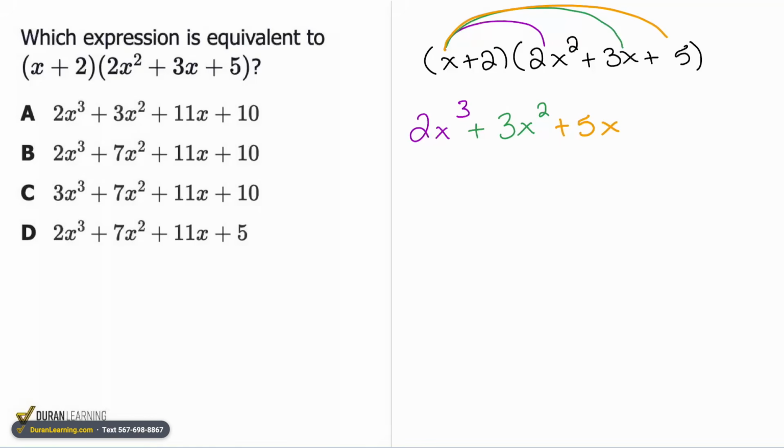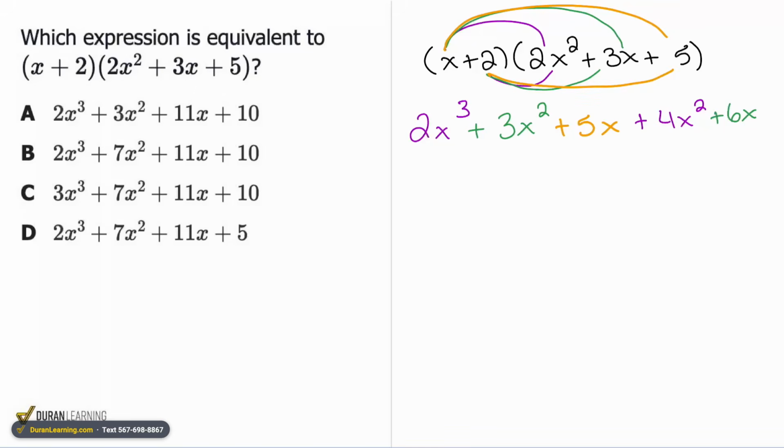Then part 2. Now we're dealing with the 2. We'll have the 2 multiplied by the 2x squared. That'll end up being 4x squared. Boom, 4x squared. Then up next, 2 times 3x, 6x. And then lastly, we have 2 times 5, and that'll be 10.